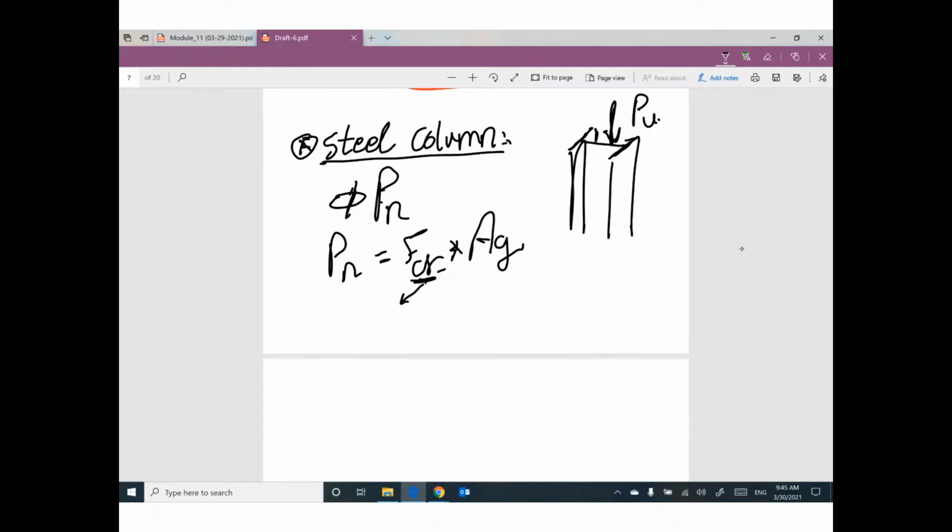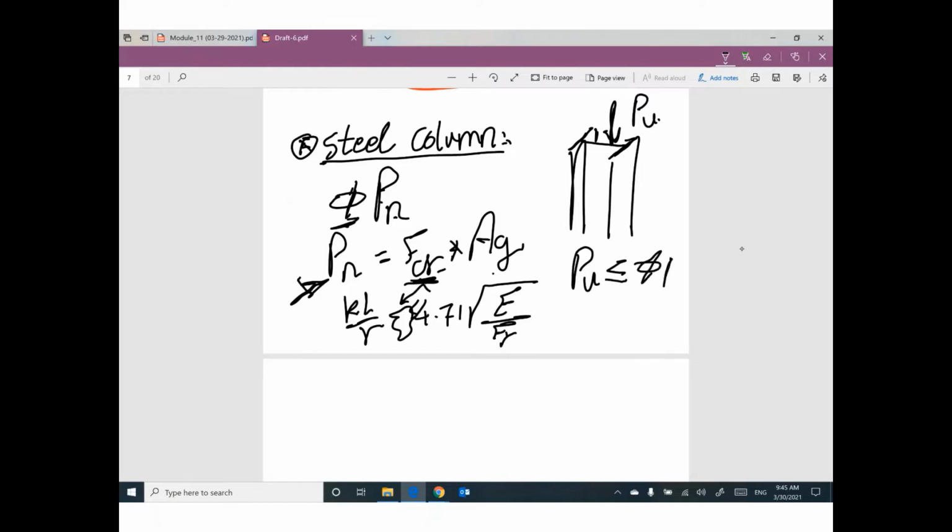We have two cases based on KL divided by r and its relation to 4.71, I believe, square root of E divided by F yield. Based on this relationship, I can determine critical stress, multiply this critical stress by area gross. I can figure out the nominal strength, multiply it by phi. I can get the design compressive strength and make sure P ultimate is smaller than or equal phi Pn. That's right.